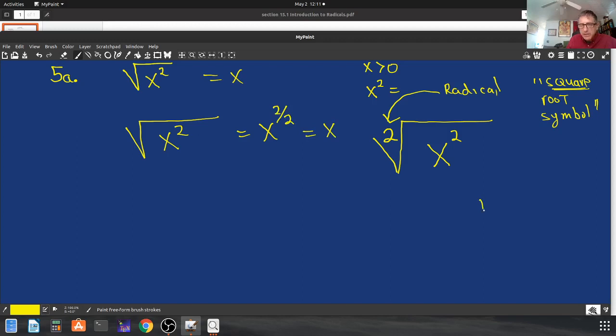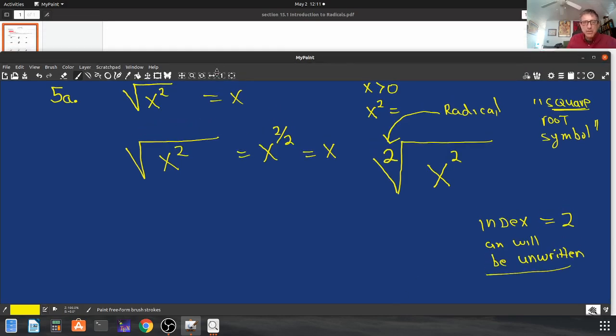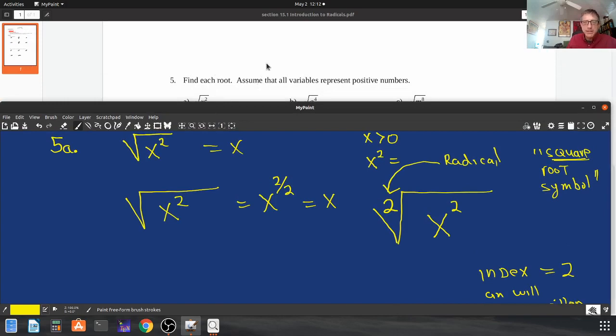And for you guys, the index is always going to be equal to 2 and will be unwritten. So I just gave you a little bit of information that you'll deal with later on. So that was a little bit easy. All of this is easy.